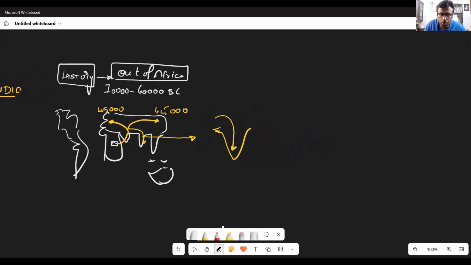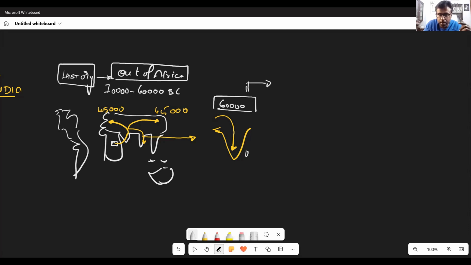This is what you should all note down. The first time of colonization, okay, the first time Homo sapiens. Other species had already come to India, but our target is the Homo sapiens. These are the people who came to register in India in the first instance.